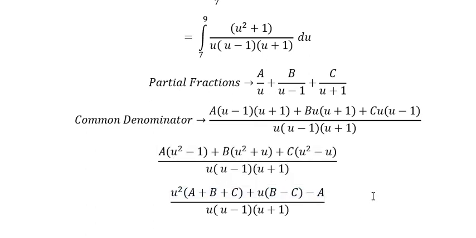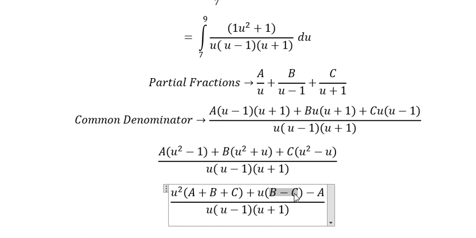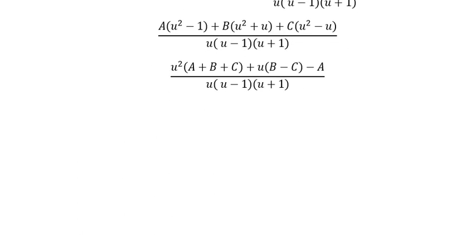Now we need to compare coefficients. About u square, we have A plus B plus C equals 1 in here. We don't have u, so B minus C equals 0, and negative A equals 1. And now we create the system of equations.